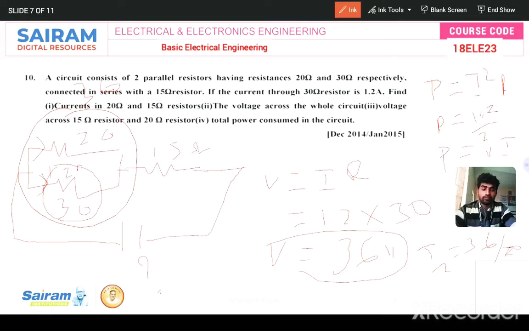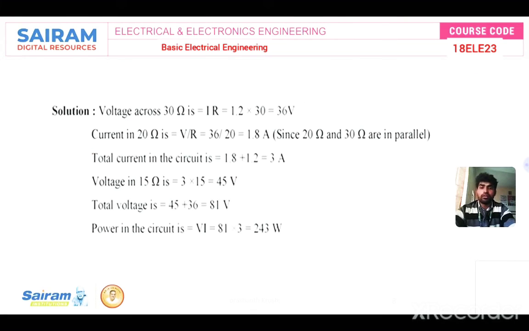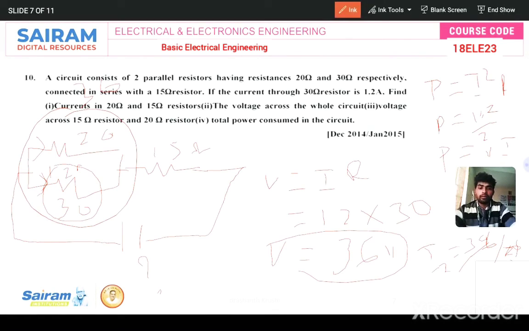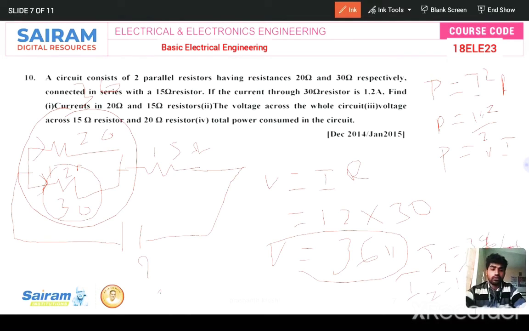That is 9 by 5, which is 1.8 amps. So I2 is equal to 1.8 amps, right?